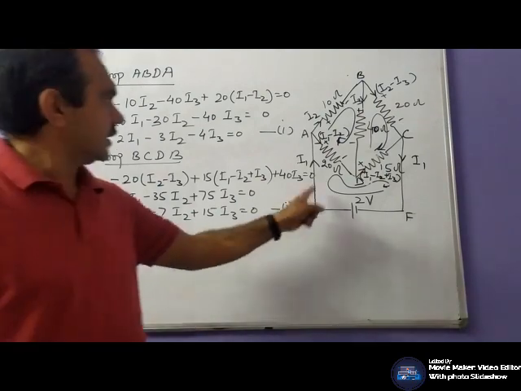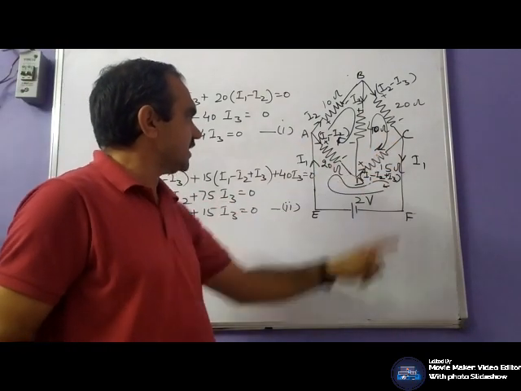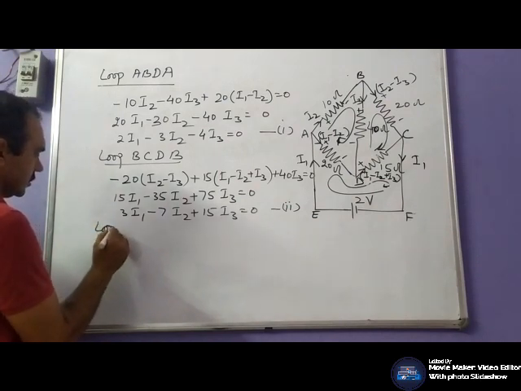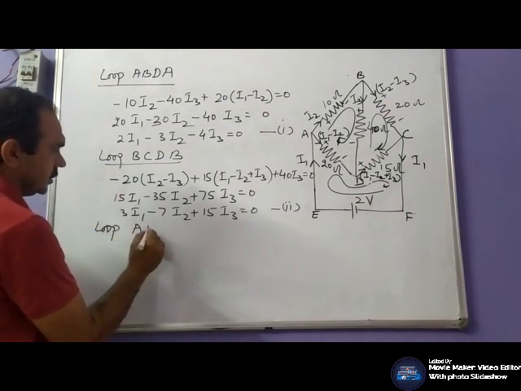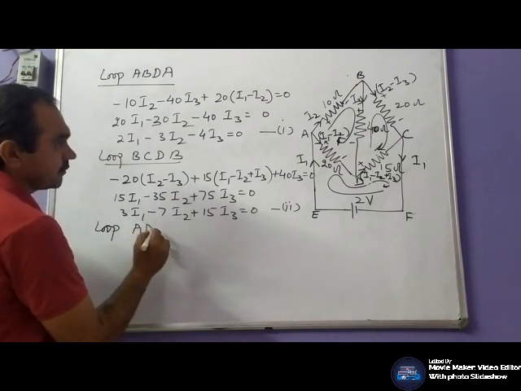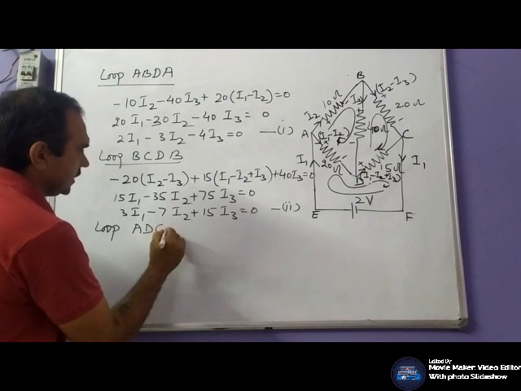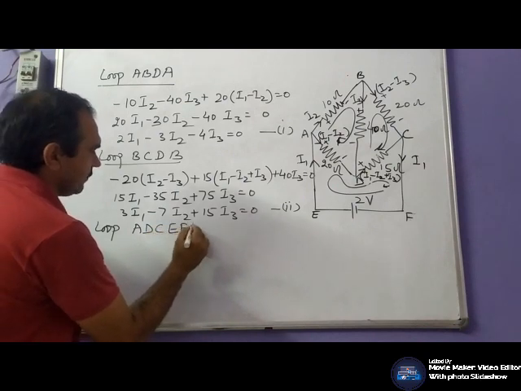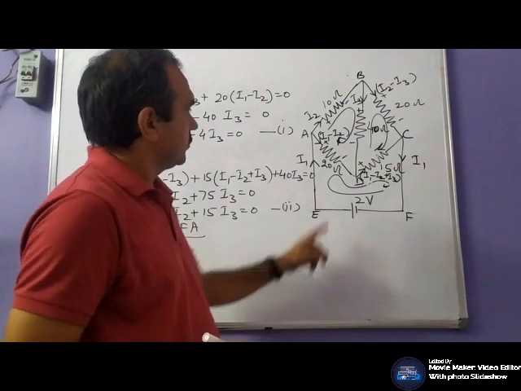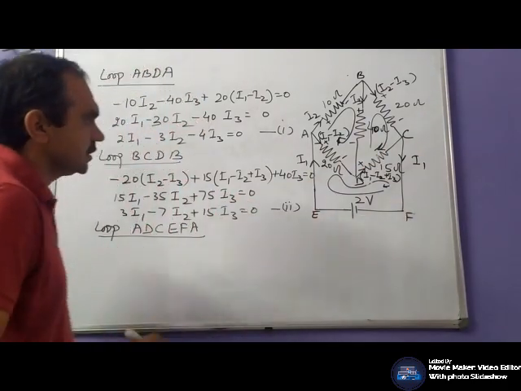Now next loop is A, B, C, E, F, A. A, B, C, E, F, A. Potential end you have already marked.